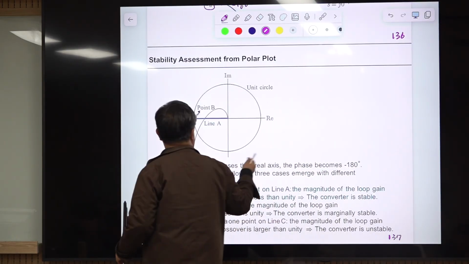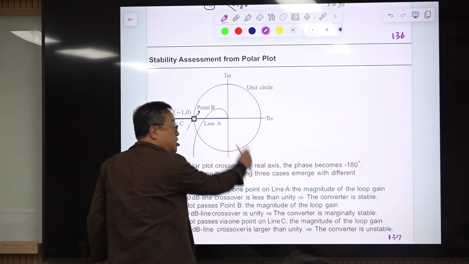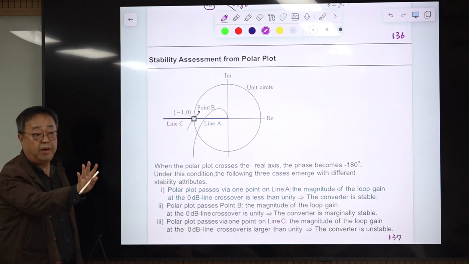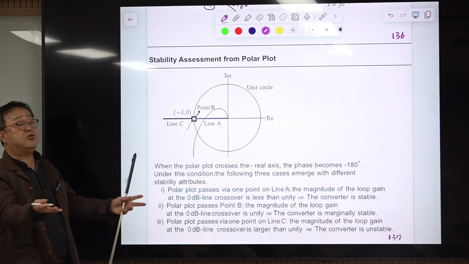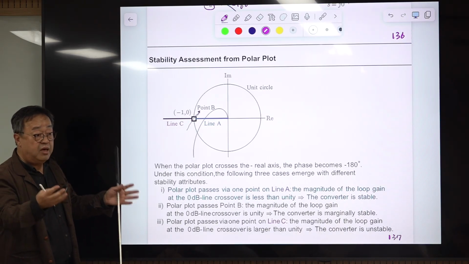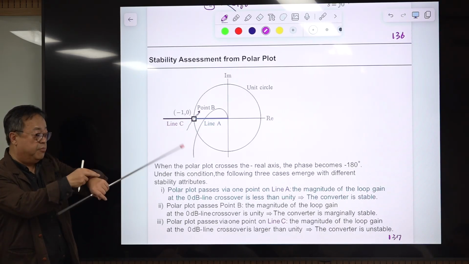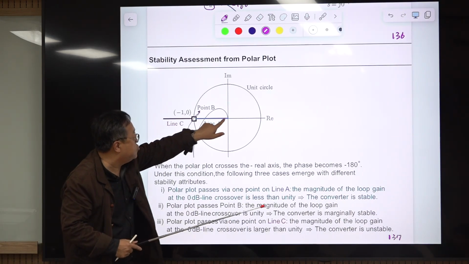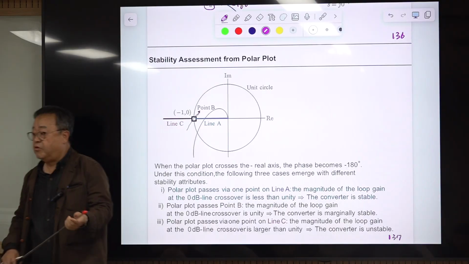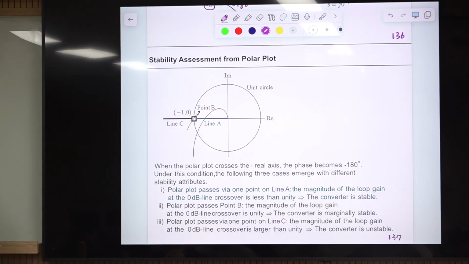All the trajectory is homing to this origin because we should have an integrator for the DC regulation. If there is an integration, at high frequency the magnitude becomes infinitely small, so all this trajectory should come here at high frequencies.